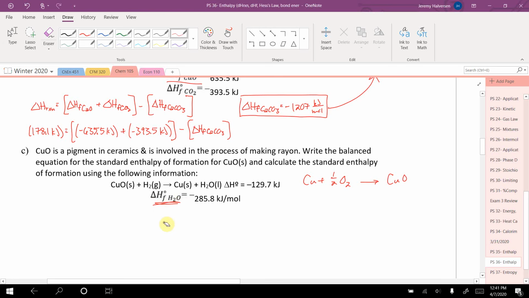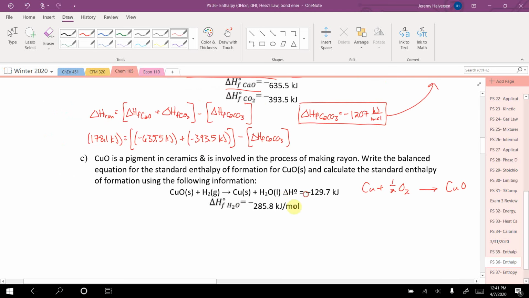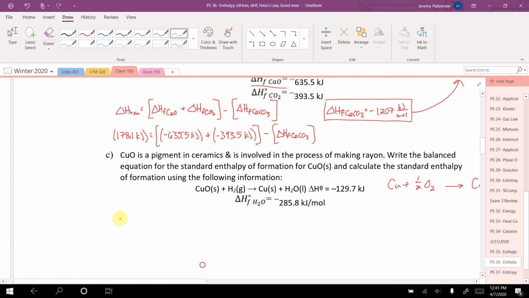Okay, they give us an enthalpy of formation. They give us the overall, so we're going to do something very similar to last time. We know that the delta H of this reaction is going to be enthalpies of formation of products minus enthalpies of formation of reactants.